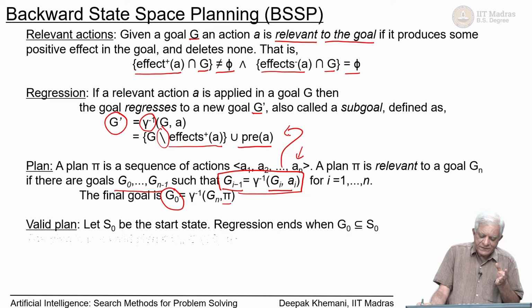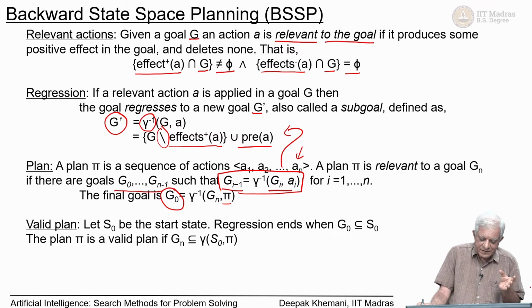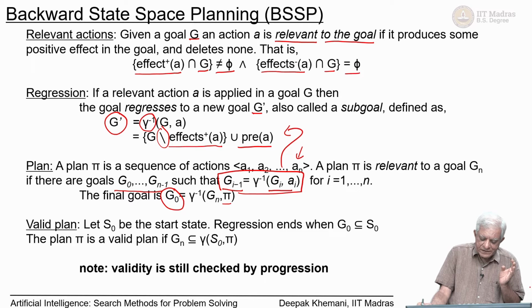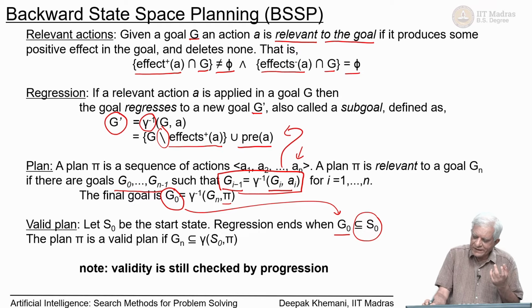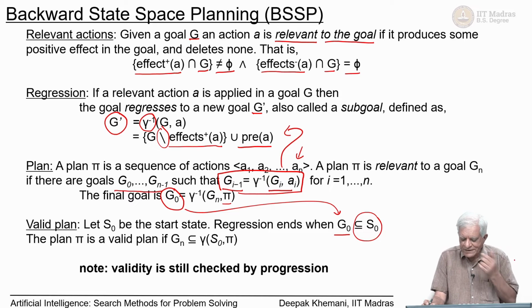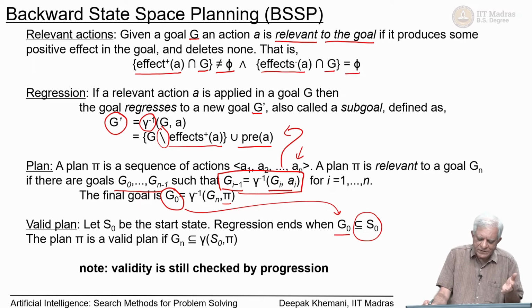A plan is a valid plan if this G0 that we arrived at here is true in the state S0. And what do we mean by true in terms of computation? It means it is a subset of the set of predicates which describe S0. S0 is the start state essentially.